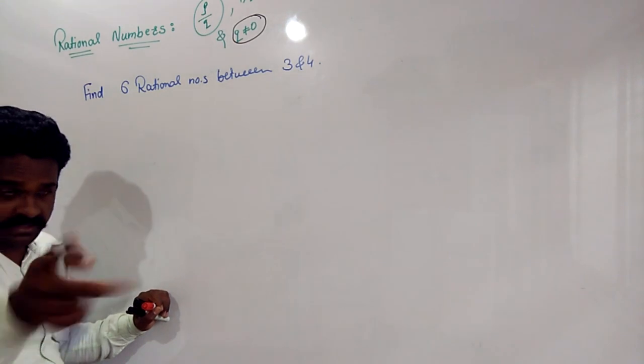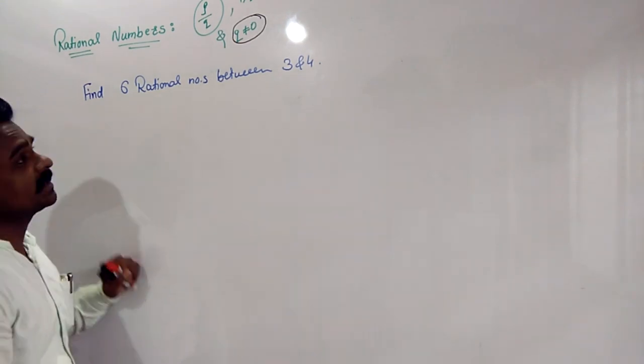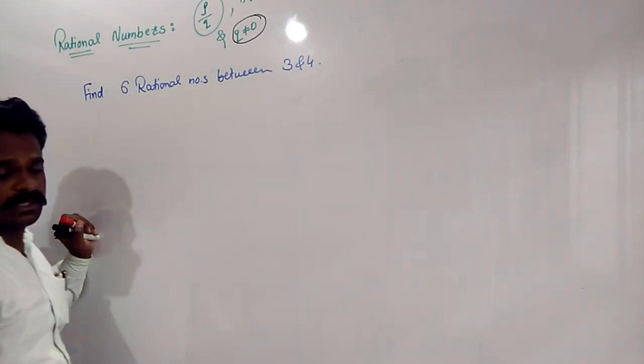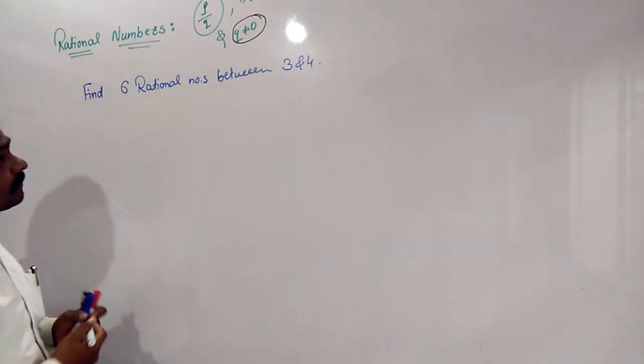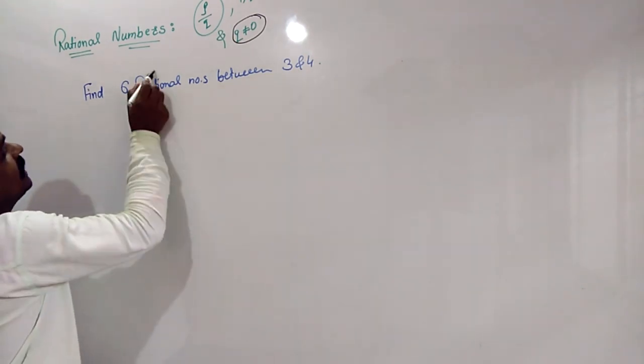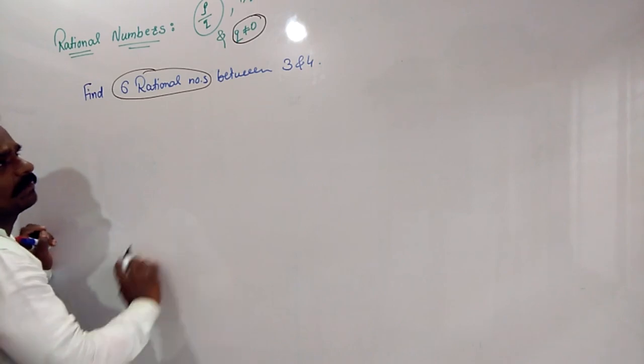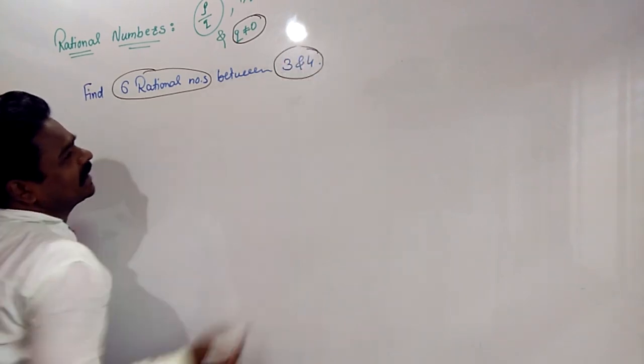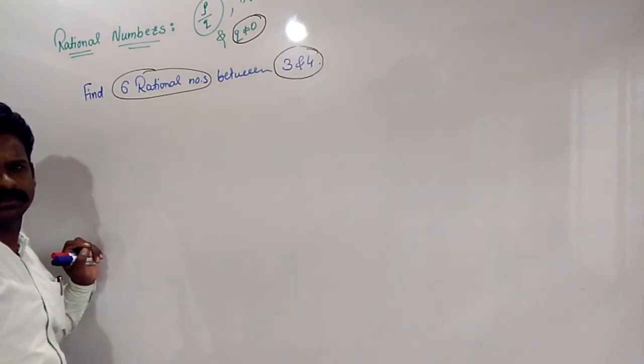We have seen two methods to find rational numbers between 3 and 4. So how can we find them? See, how many rational numbers do we need to find? 6 rational numbers. In between which two numbers? 3 and 4. Okay, no problem.